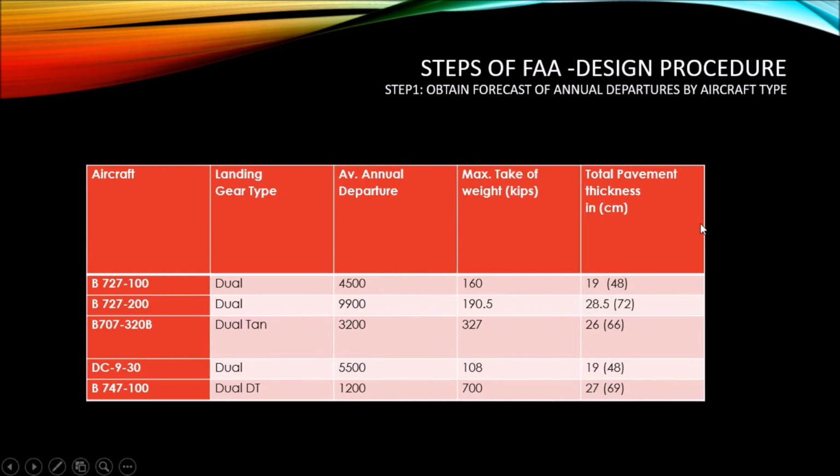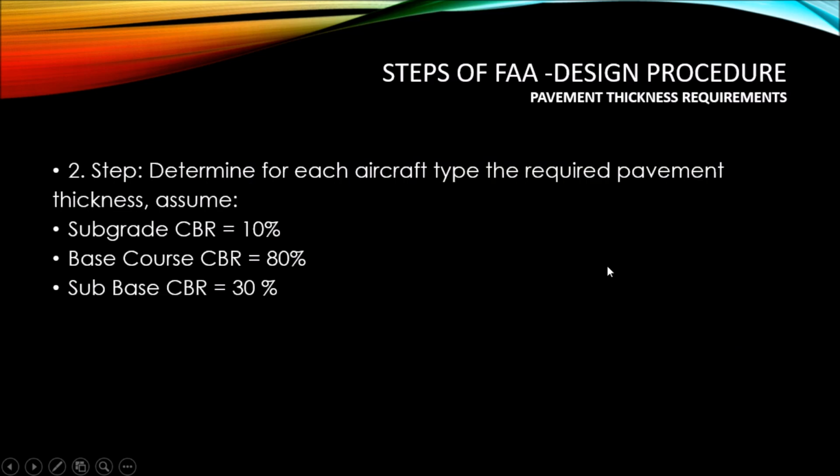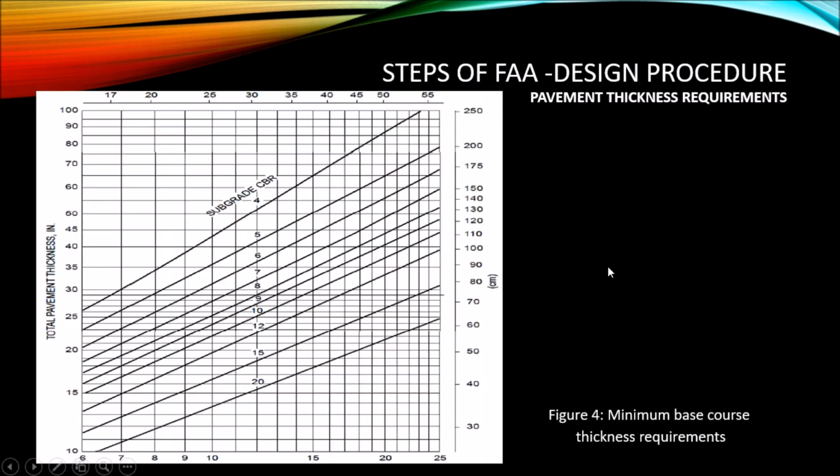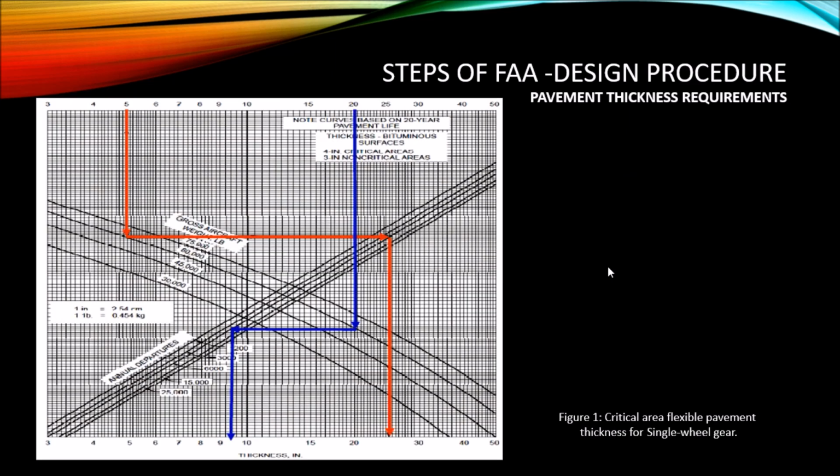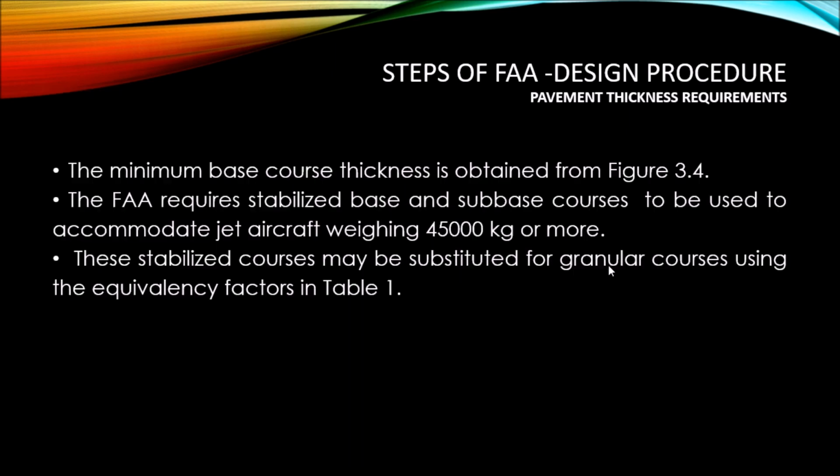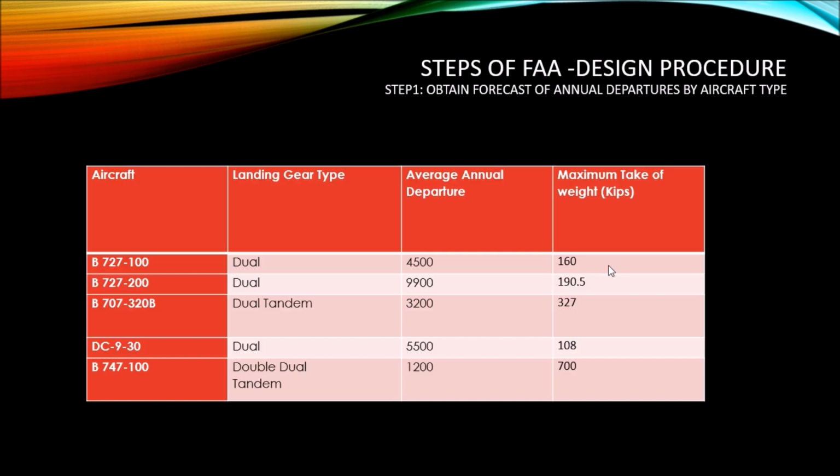So here we have the fifth column, which we are adding. We are trying to read the total pavement thickness in inches or centimeters. The values are in inches, while the ones in brackets are in centimeters. We get this from the graphs we considered earlier, reading it for each aircraft.